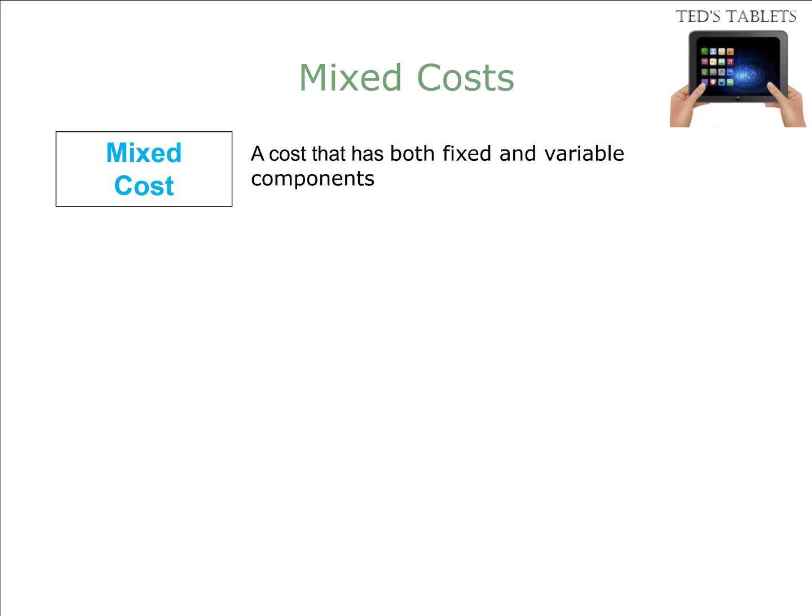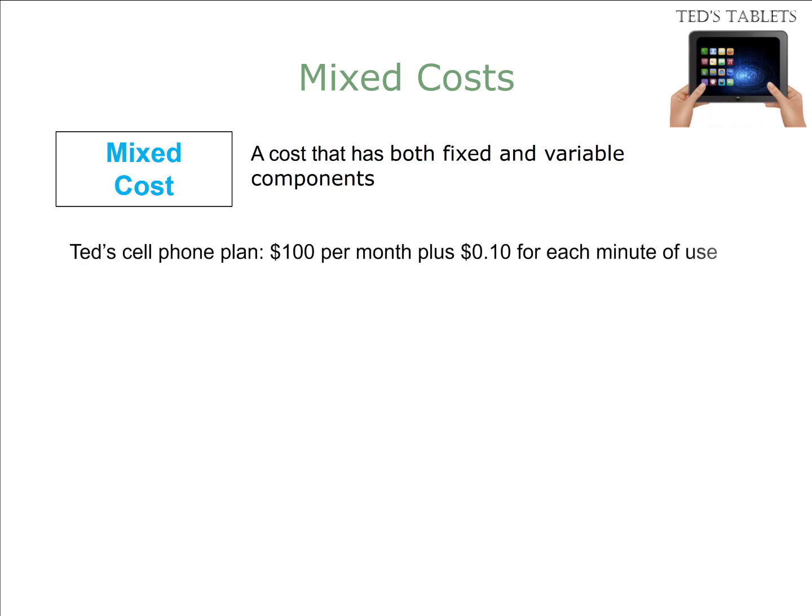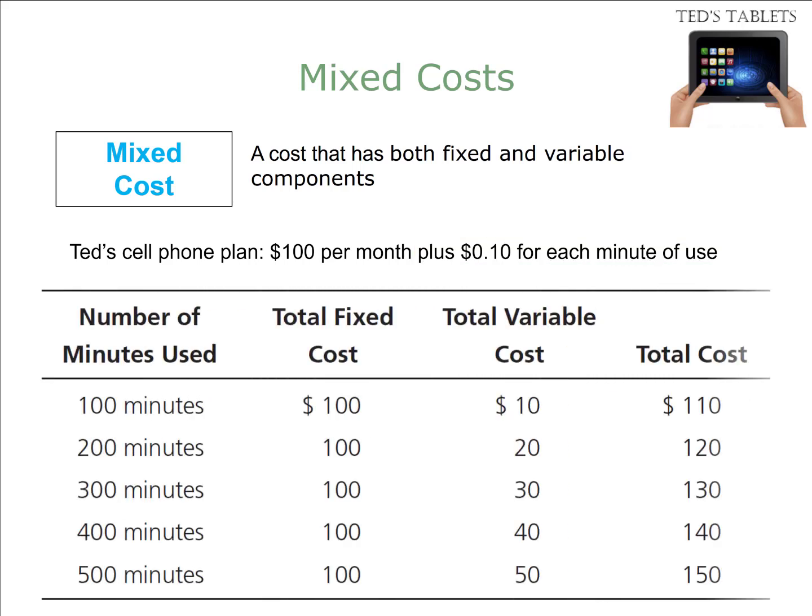So let's talk about a mixed cost for Ted's Tablets. Ted's cell phone provider charges $100 per month to provide the service, plus 10 cents for each minute of use. This is a mixed cost and has both a fixed and a variable component. With this information, we can create a table that shows the cost for the cell phone at different levels of activity.